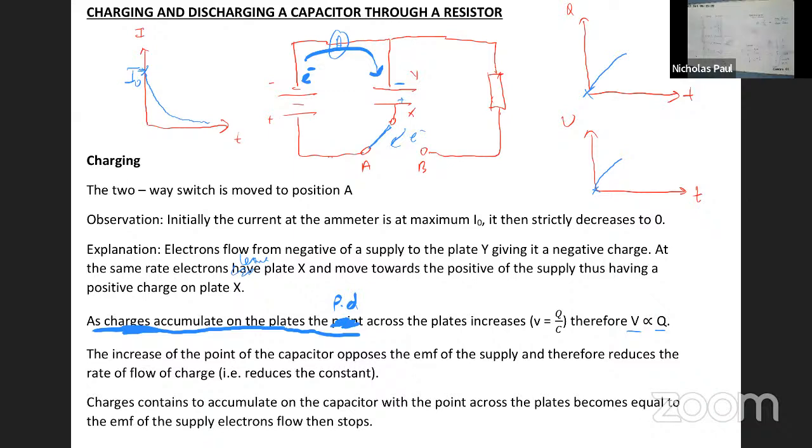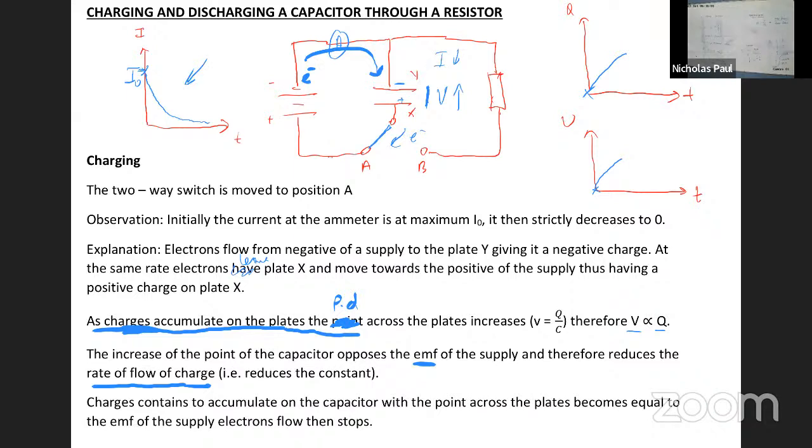So basically, the charge will increase until it opposes the EMF and therefore reduces the rate of current flow. What's happening here is that across here, the potential is getting larger. And because the potential is getting larger, it's stopping current from flowing. So the current is decreasing. That's why the current behaves like that, right? The current starts to decrease as the potential increases.